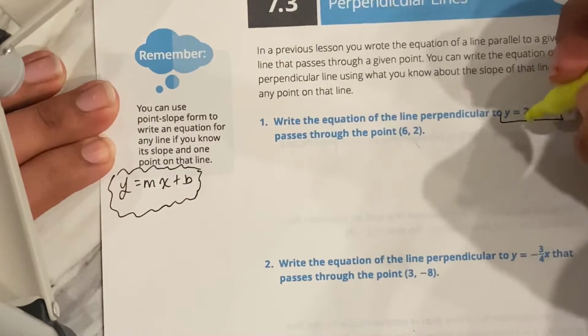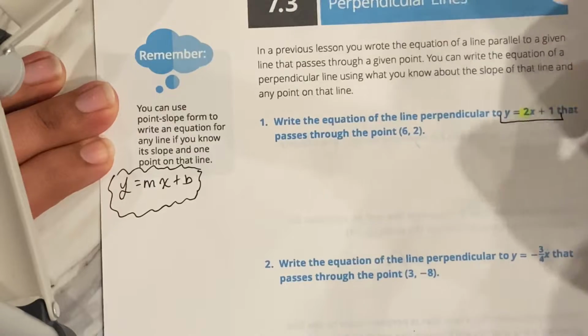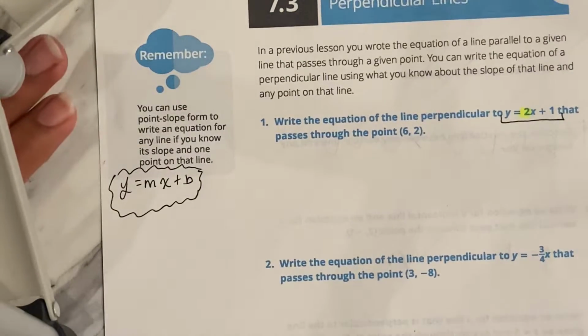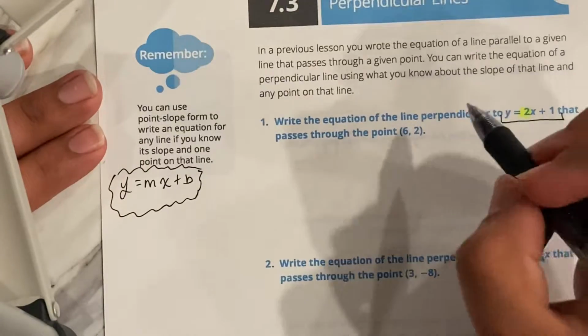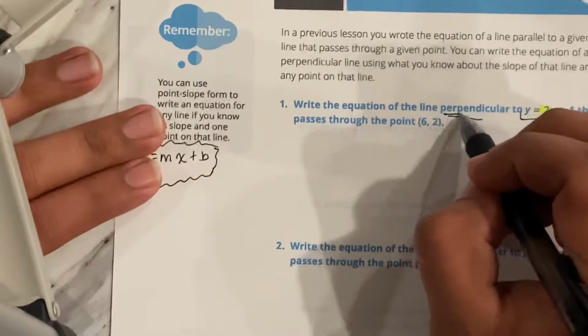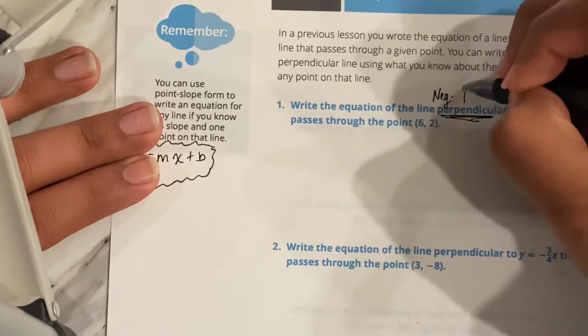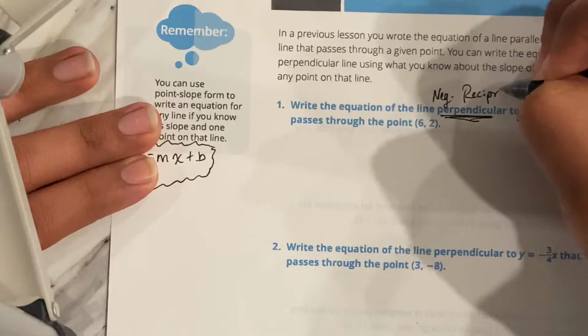So I'm going to make sure I remember, okay, 2 is my slope. I need to make sure that's the slope that I'm using. But because it's perpendicular, this means our negative reciprocal.